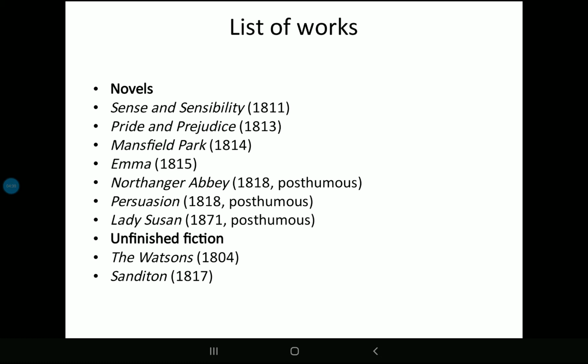There are two unfinished works also. She was unable to complete these two works. The names of those two works are The Watsons and Sanditon. The first one was published in the year 1804, and the second one in the year 1817.